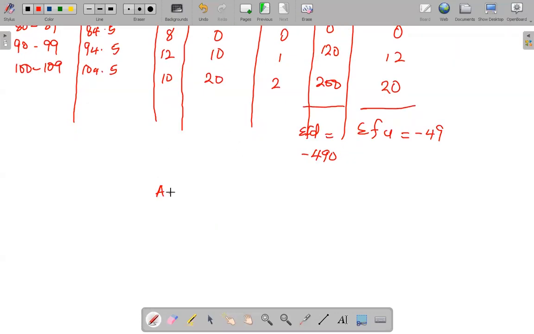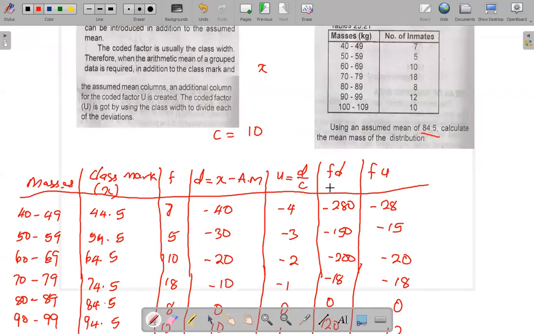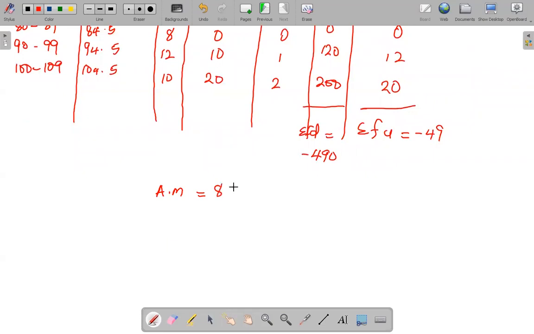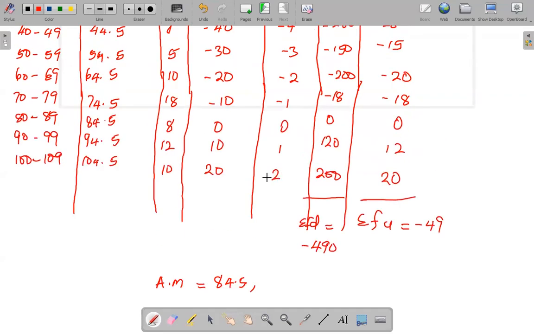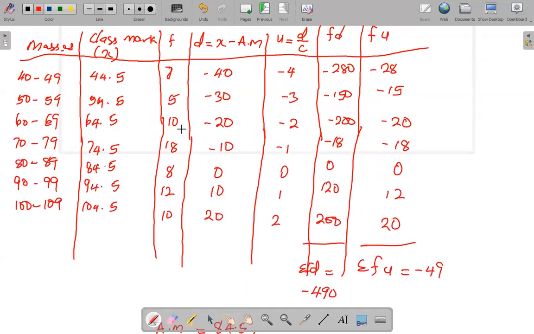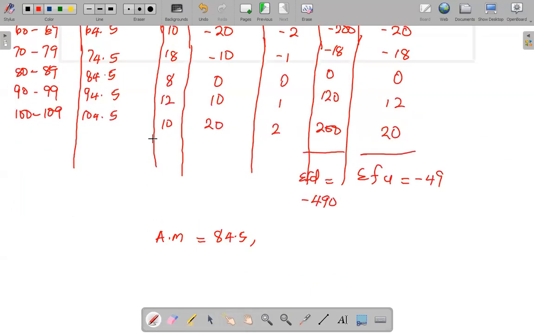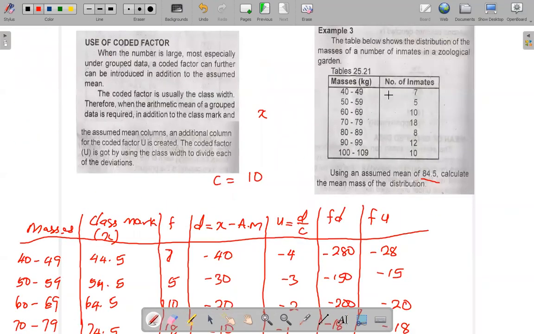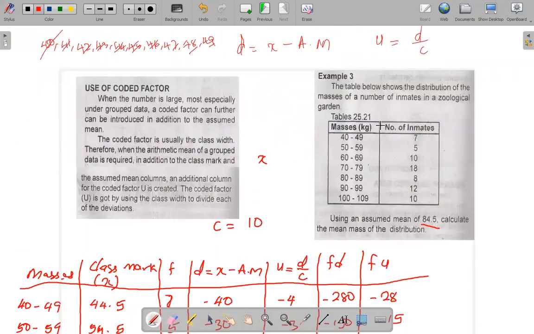Remember that the assumed mean, let me call it AM, according to the question is 84.5. Then we have summation F. That is, if we add up all this frequency, we need to do that also. Summation F is 70. I think it's given in the question too. Is it given? No, it's not given.